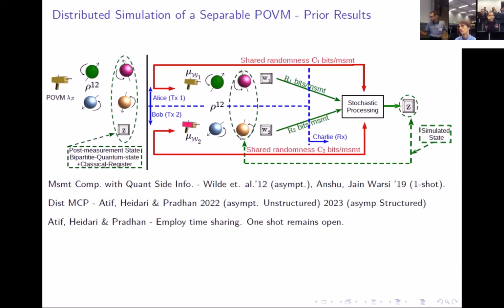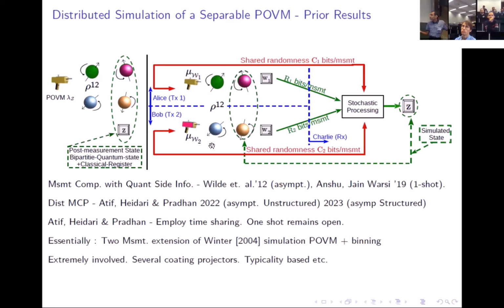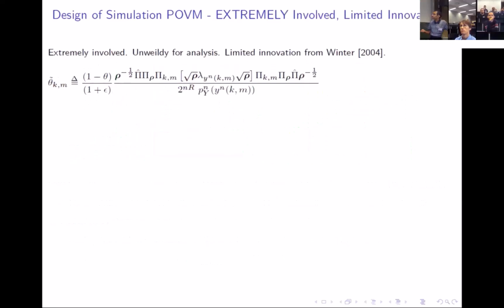That's what I've been able to do. The work of Atif, Haidar and Pradhan did it in the asymptotic setting, but it doesn't work in the one-shot setting because of time sharing. I was able to do it in the one-shot setting, and it works in all scenarios. Very simple proofs, and that's the upshot.